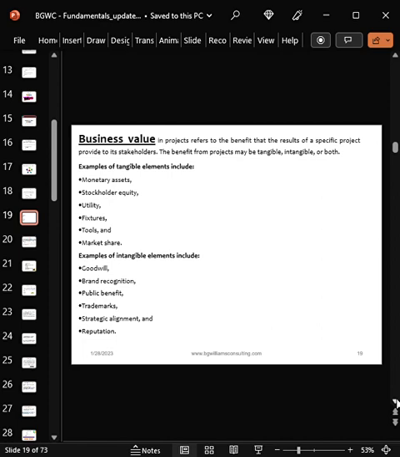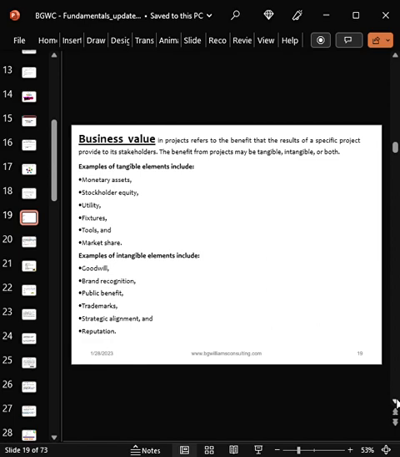A business value, in a layman's way, is what will I get in return if I embark on this project? As a stakeholder, or the owner of the project, or a director in that organization, or the product owner, you ask yourself, okay, this initiative, this project I want to do, what eventually will I gain?